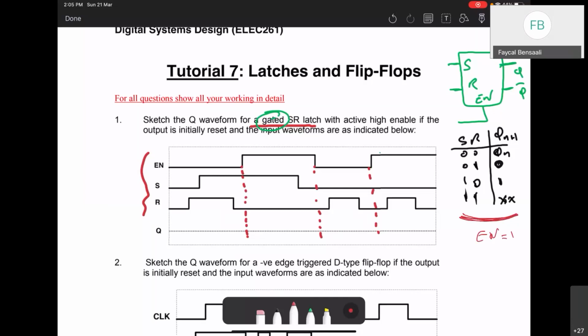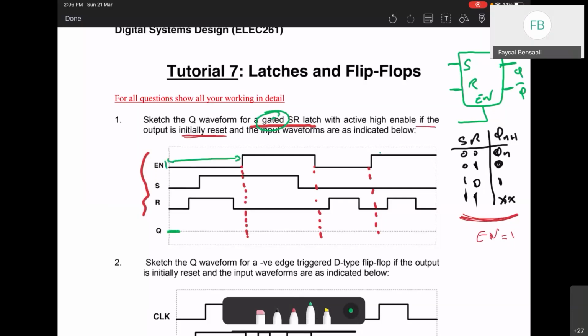We say here as well the initial condition of the output: the output is initially reset. Reset means it is 0, so it starts from 0. So let's say this is Q, and it starts from 0. Then we start observing the waveforms and find the next Q. From here to here, En is 0.